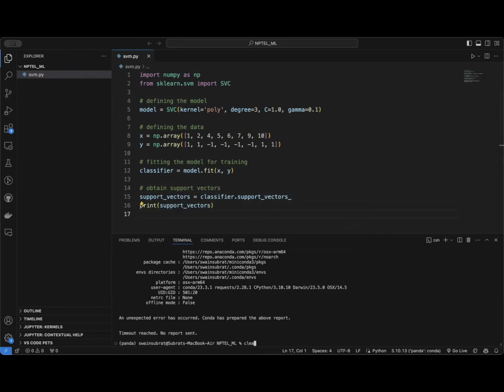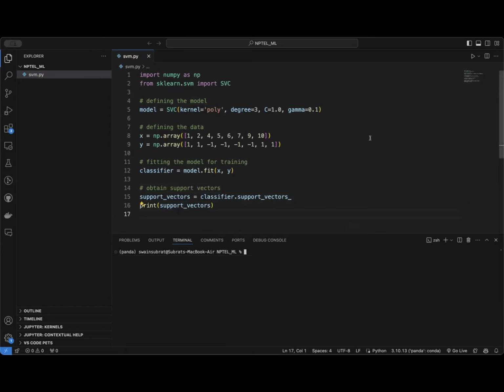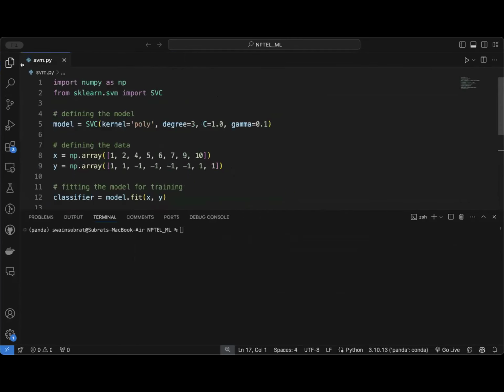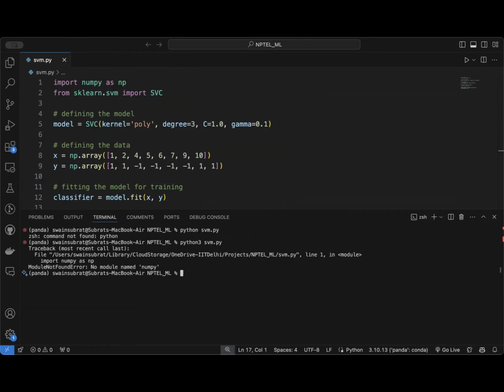Let me run this code here. If I run this, wow, no module named number.